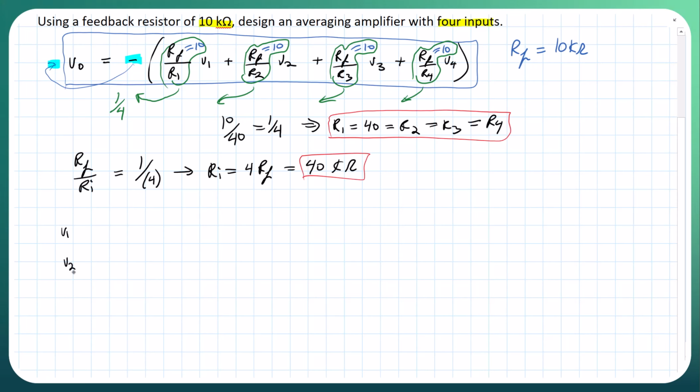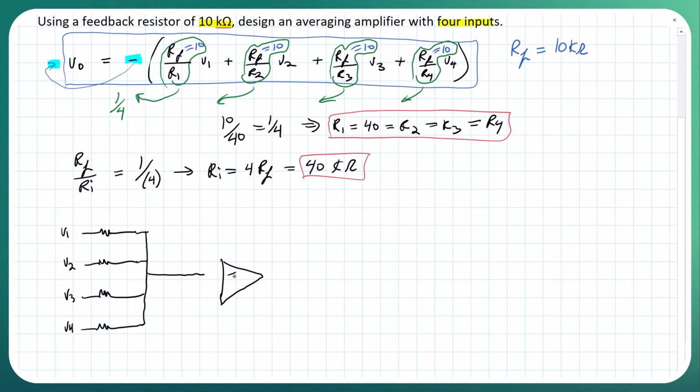So V1, V2, V3, and V4. All of them are going to be connected to a resistance. All these resistances are going to come into the inverting input of our op amp, minus, plus.